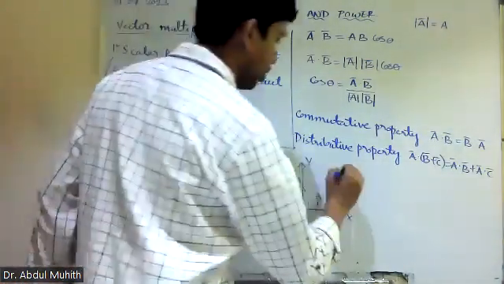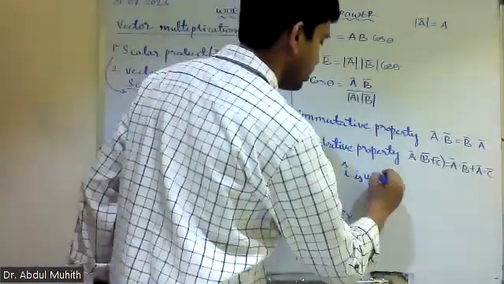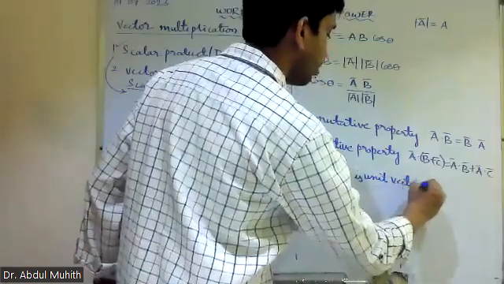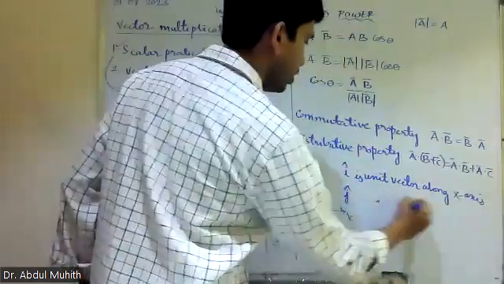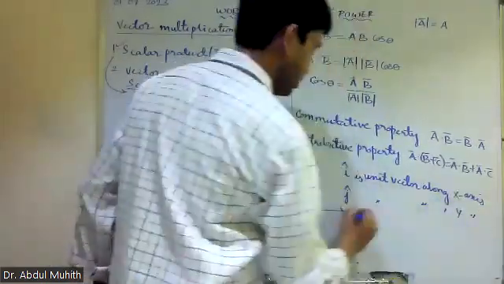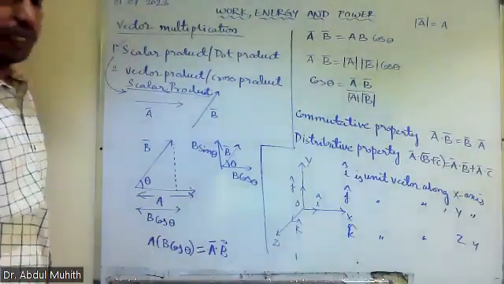Very good. i cap is the unit vector along the x-axis. Similarly, j cap is the unit vector along the y-axis, and k cap is the unit vector along the z-axis.